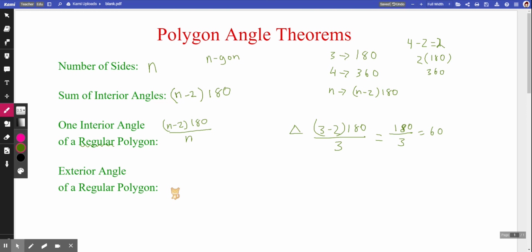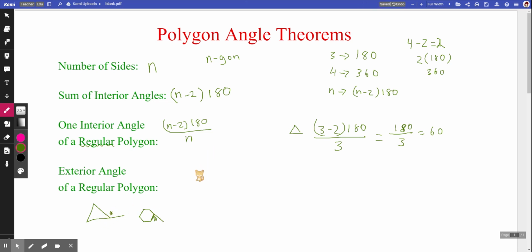An exterior angle is when you take one of the sides and continue it. So this is an exterior angle. This is an exterior angle. You take one of the sides and continue it, so it's going to be the angle that is supplementary to one of the interior angles.